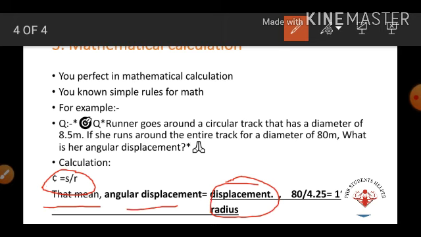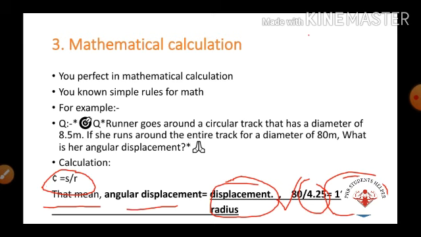We know 80 meter is the displacement and 4.25 is the radius, and with this calculation we get the answer, 18.82. This is our angular displacement. If we follow these three rules, we can solve the numerical very perfectly.